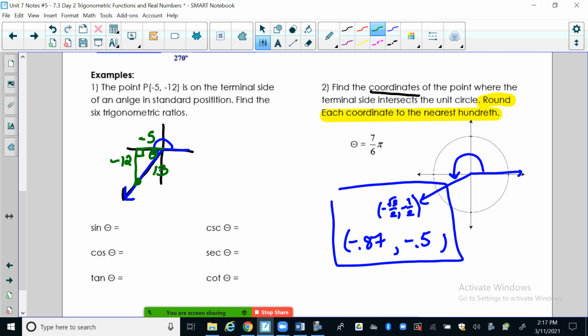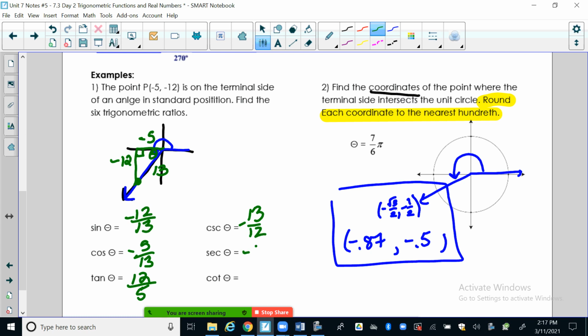So now we go back to math 2 and use our sine, cosine, tangent. Sine is opposite over hypotenuse. Cosine is adjacent over hypotenuse. Tangent is opposite over adjacent. Cosecant is the reciprocal of sine.